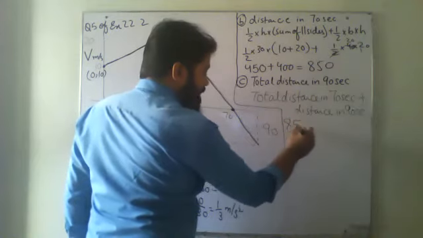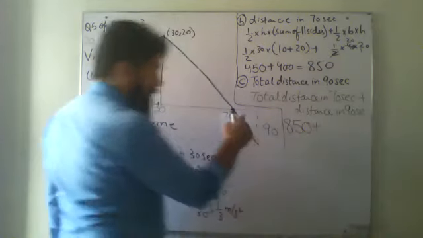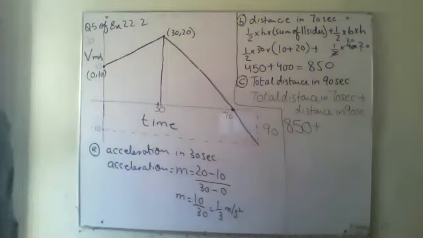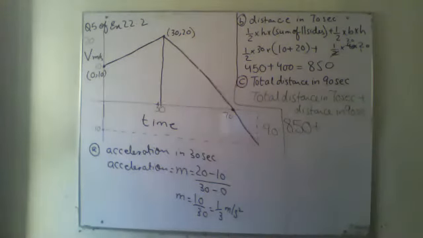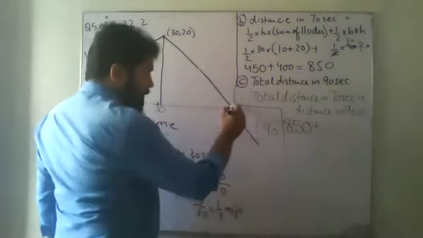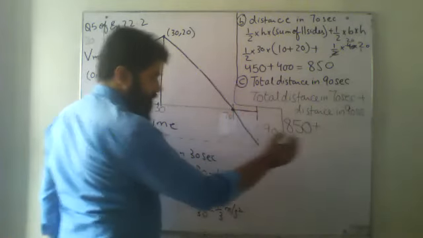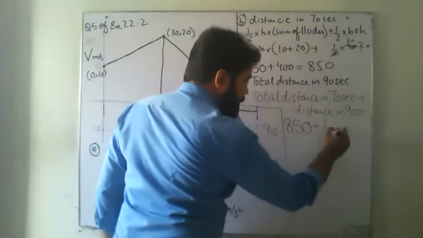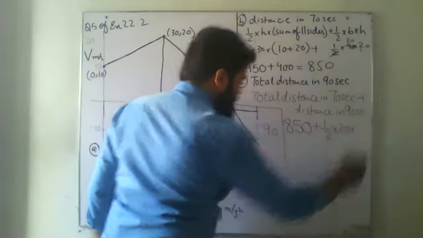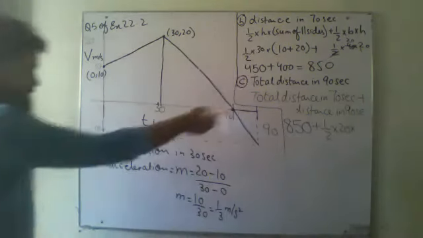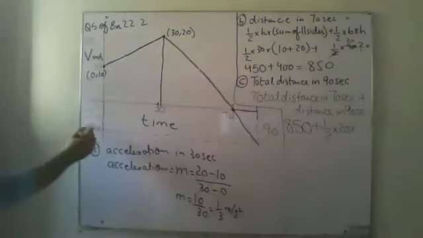That was 850. Now, distance in 90 seconds. So what I am going to have over here, the base is half into 20. And what is this height? This is given over here, beta. That is minus 10.